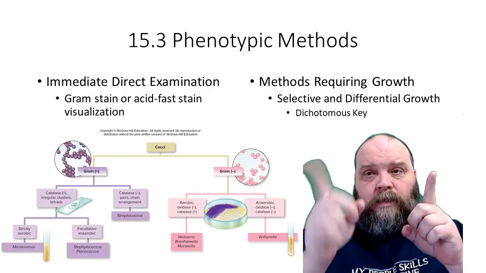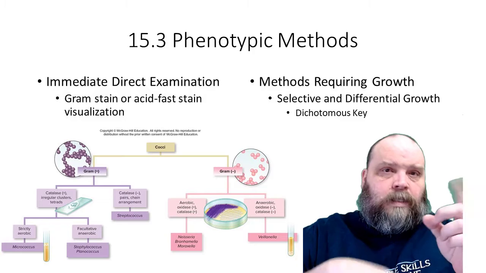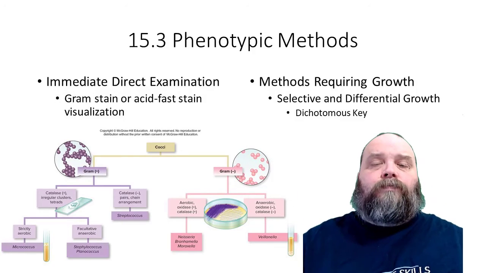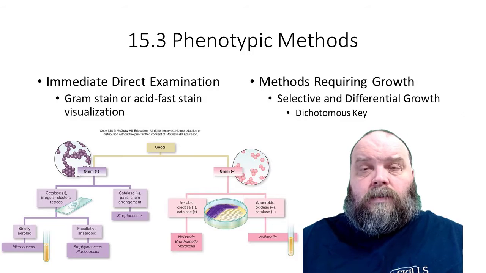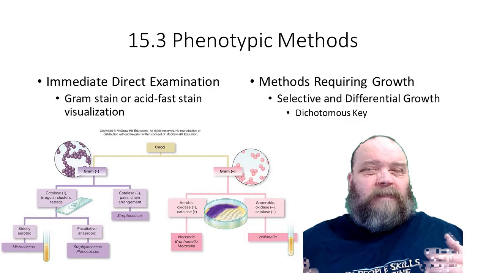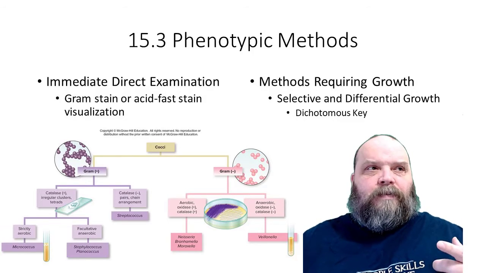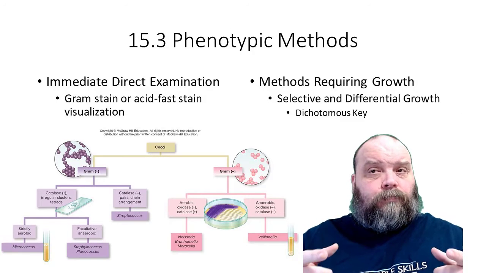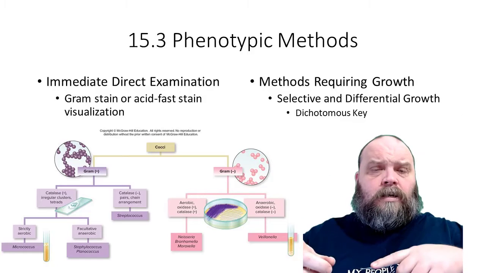Is it A or is it B? Is it C or is it D? Yes, no, yes, no. By doing this, it turns out pretty much all bacteria have their own unique pattern of yeses and nos.